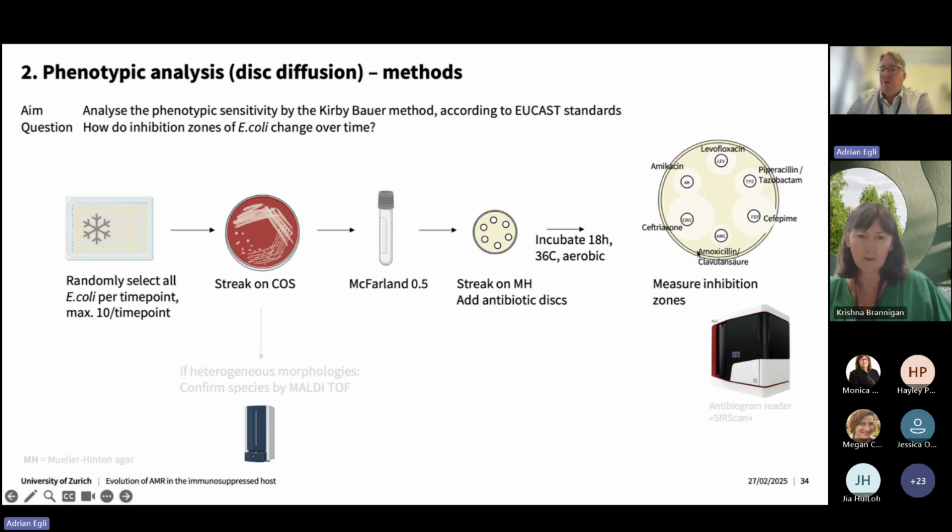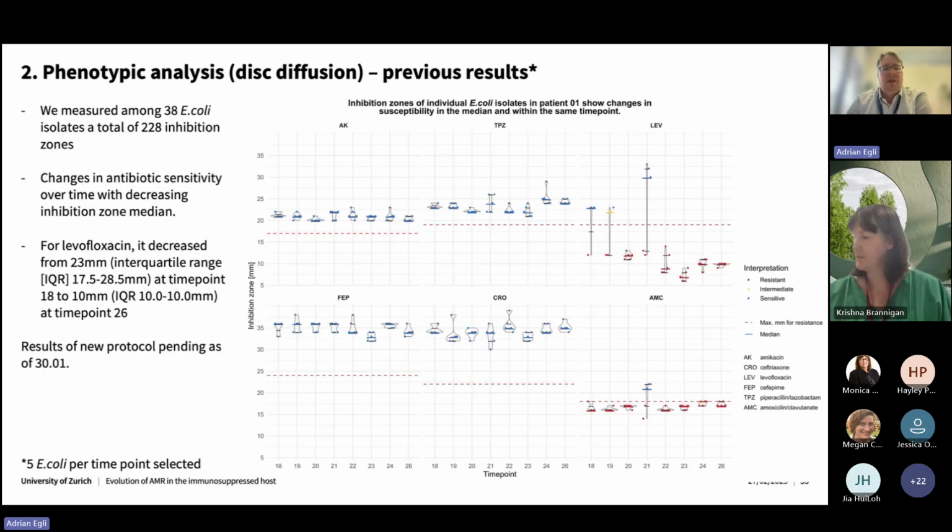And these plates are read by a so-called SIR-scan system. That's an automated plate reader which can process these plates. And what she has now done so far is measured 228 inhibition zones of 38 E. coli. And here is just a snapshot of one patient. So obviously per time point, we have about 10 to 20 E. coli strains.